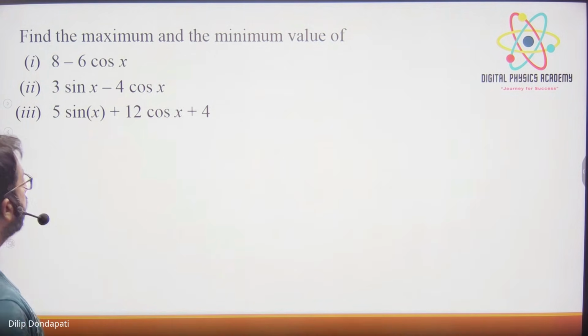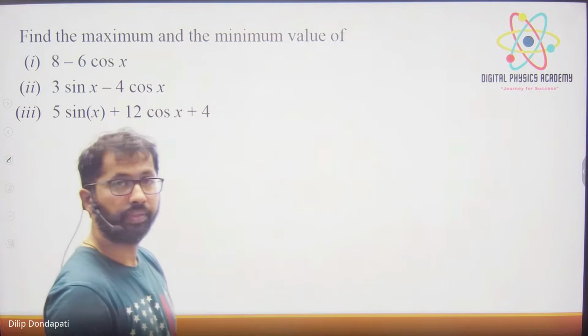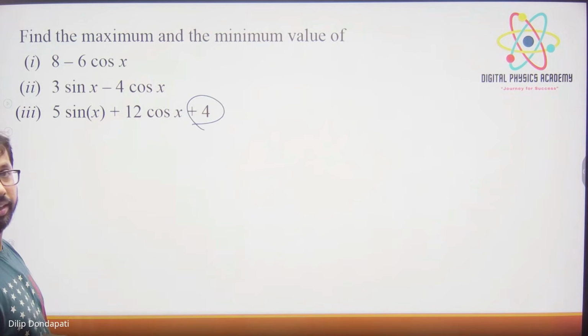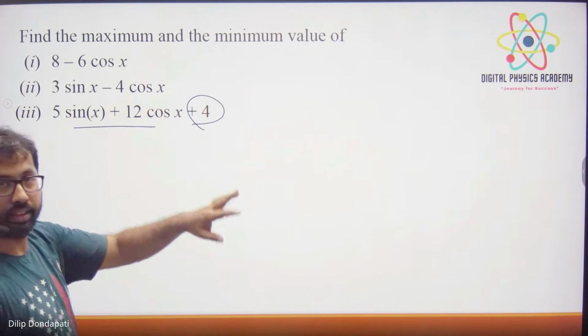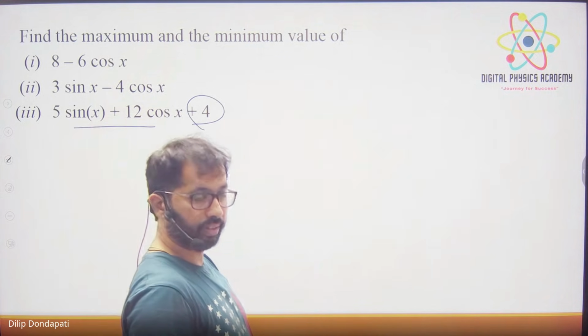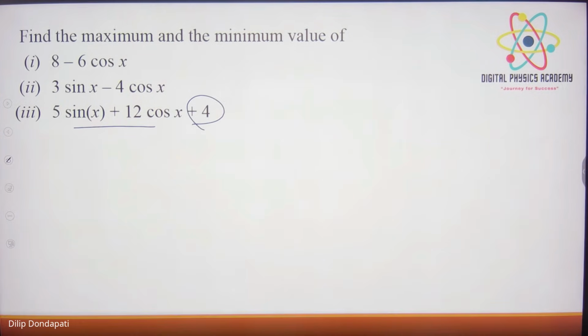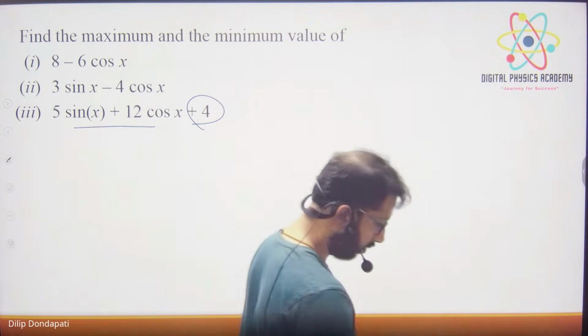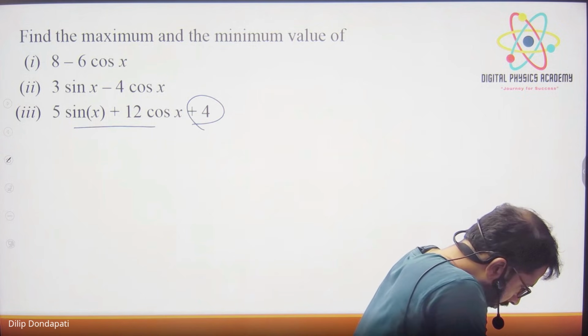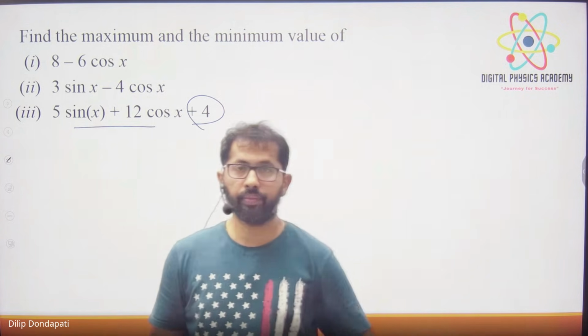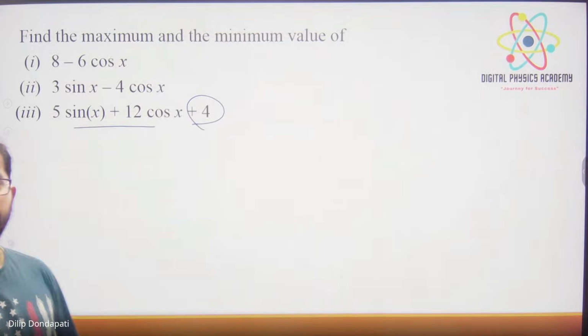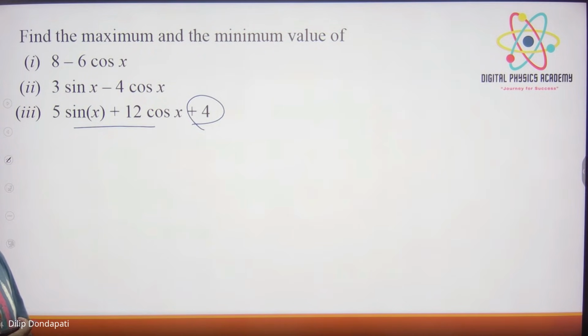Third one, how much? Sir, I have a doubt. Tell me. In the third one, where does the plus 4 go? Plus 4 we have to add. This constant number we have to add. You do this one first and then add. Rehan, third one, how much did you get? Yes, sir, I'm doing.